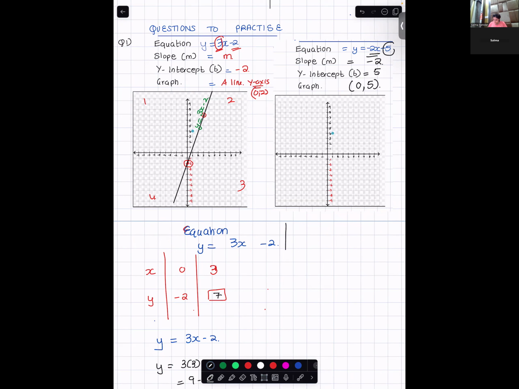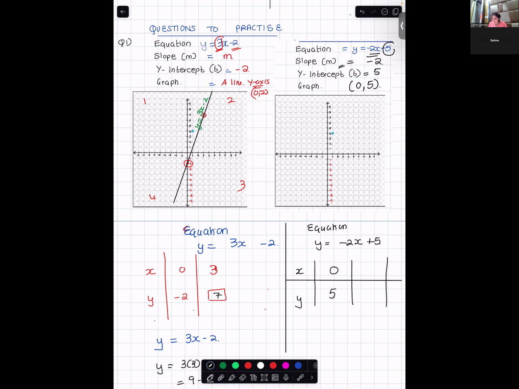Now, I have to find another point to draw the graph. So the equation is y is equal to minus 2x plus 5. I have to find the x coordinate and the y coordinate. One, I got from the equation itself: x coordinate will be 0 and y coordinate will be 5.